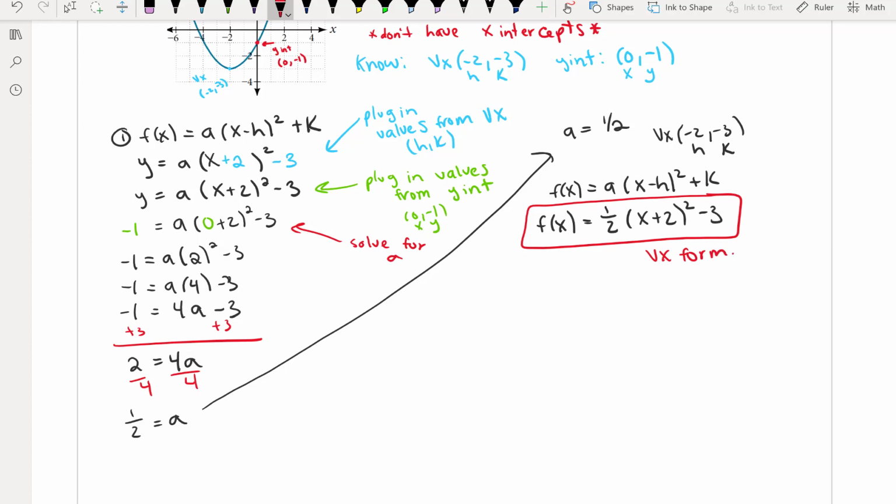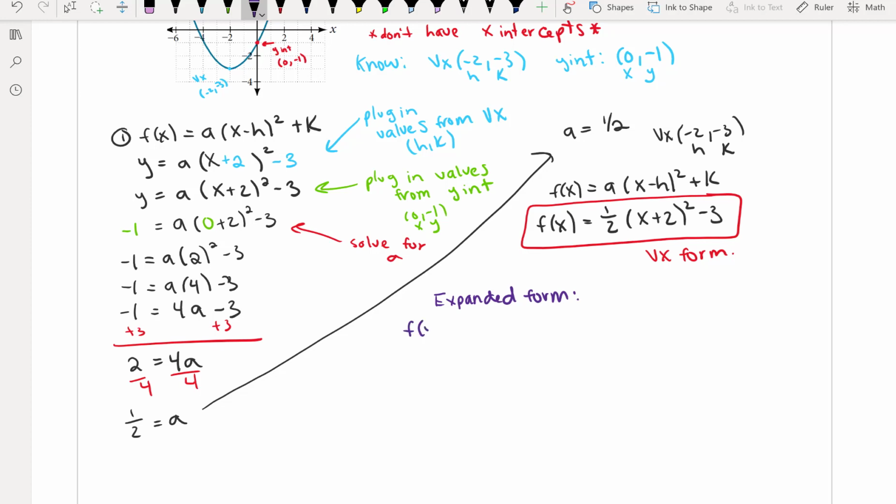Okay. If, and only if, they had asked you to write it in expanded form, then that means to actually multiply and FOIL out what we have. So, expanded form. We take what we have.